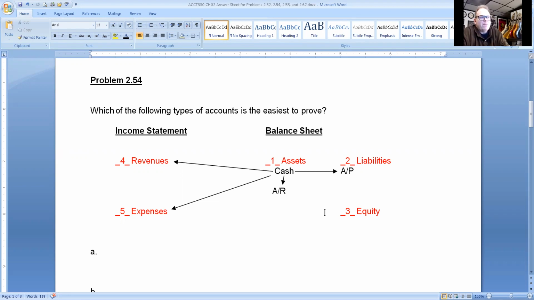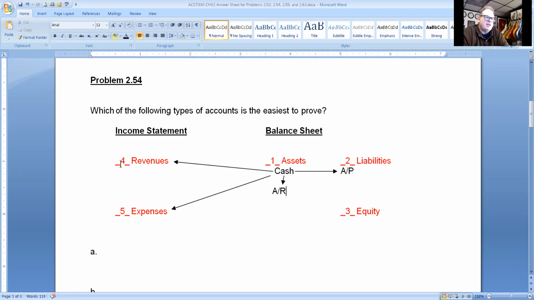So one of the reasons why we also beat up the assets is that, especially when you think about the cash account, they're tied to basically everything. So this is one of the reasons why we do the assets first, and that's why we focus on the assets and move over to the liabilities. And again, if we can prove these two, it pretty much means this one's okay.